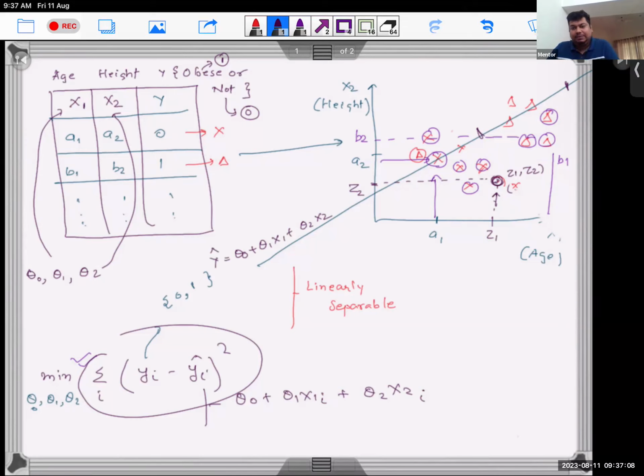Pictorially, what we are doing is, for all the points I put in x1, x2, if I get 0.5, let's say I put some m1, m2 in this and I get 0.5. Do you think that can serve as a separator?